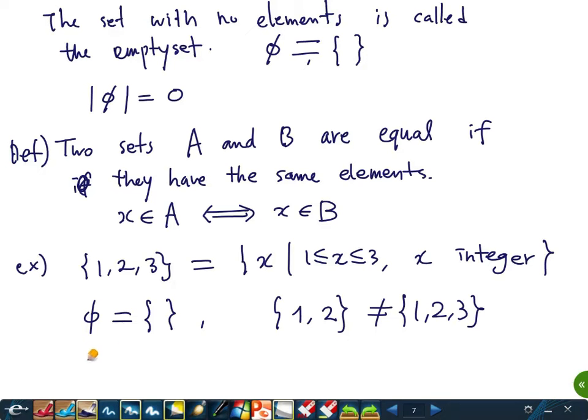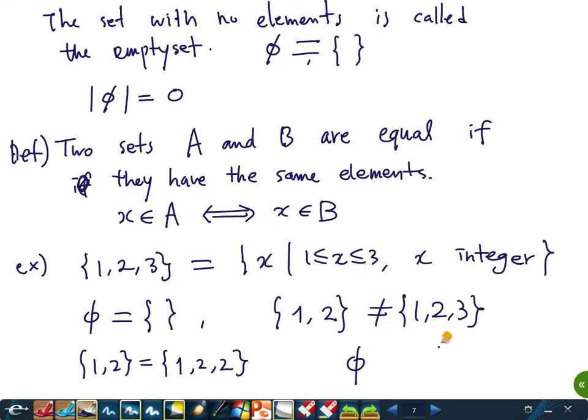They don't have exactly the same elements. But 1, 2, like I said, 1, 2, 2, they are the same set in this sense, because for every x, x is in this set if and only if it is in that set, right? 2 is here, 2 is here, 1 is here, 1 is here. Anything other than 1 and 2 is not in any of these, so they are the same set. How about this?